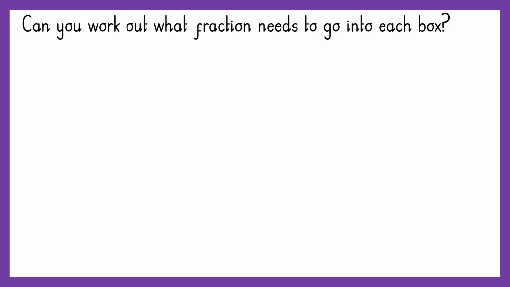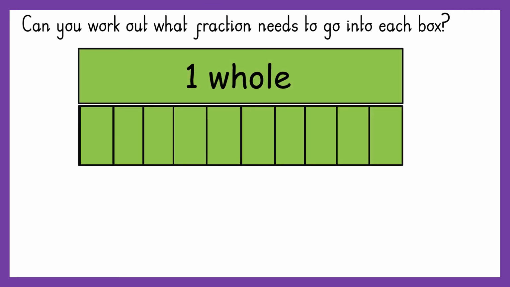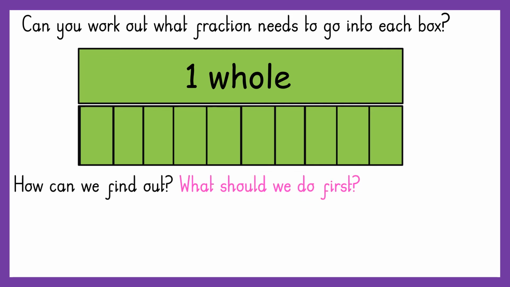Can you work out what fraction needs to go into each box below? How can we find out? What should we do first? Let's count the parts. How many are there altogether? Remember, this will tell us the denominator.